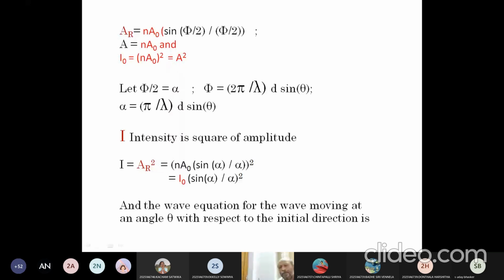Now, because you have sin alpha in the numerator, after the principal maxima, as alpha increases, that means as theta increases, when alpha is equal to pi you will get a minimum.